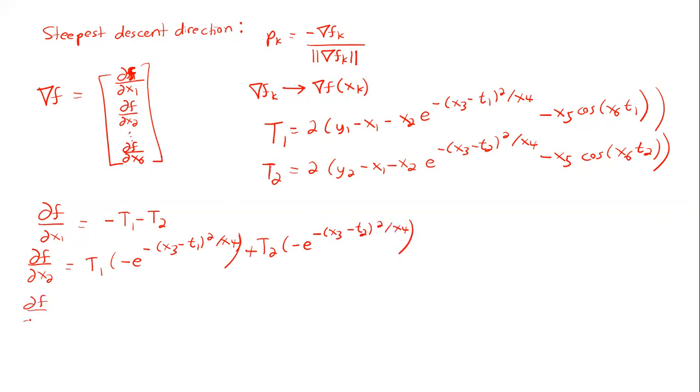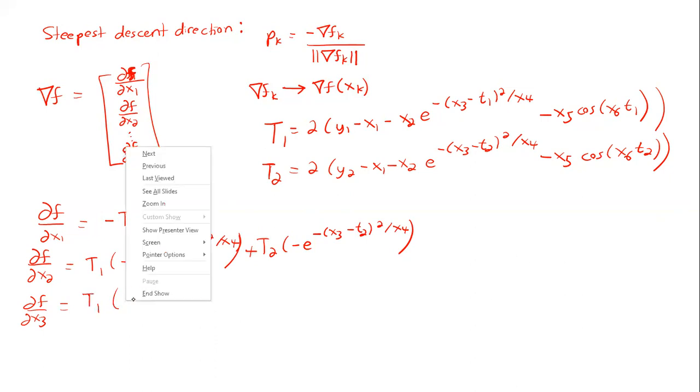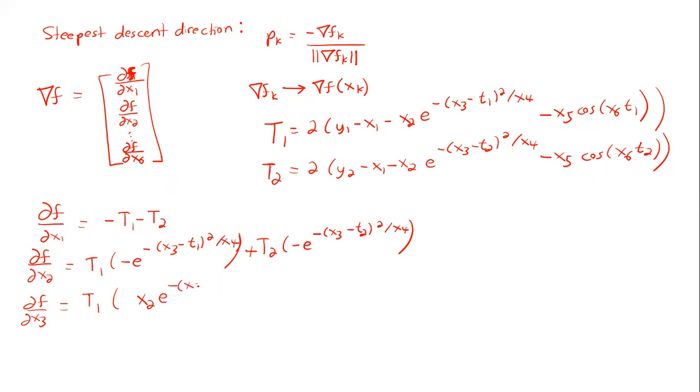We get df over dx3 equals T1 times negative x2 e to the negative x3 minus T1 squared over x4 times negative 2 times x3 minus T1 over x4, plus T2 times, oh, I'm sorry, I forgot a negative over here, or I put it and it went away because sometimes this seems to erase things that I put.